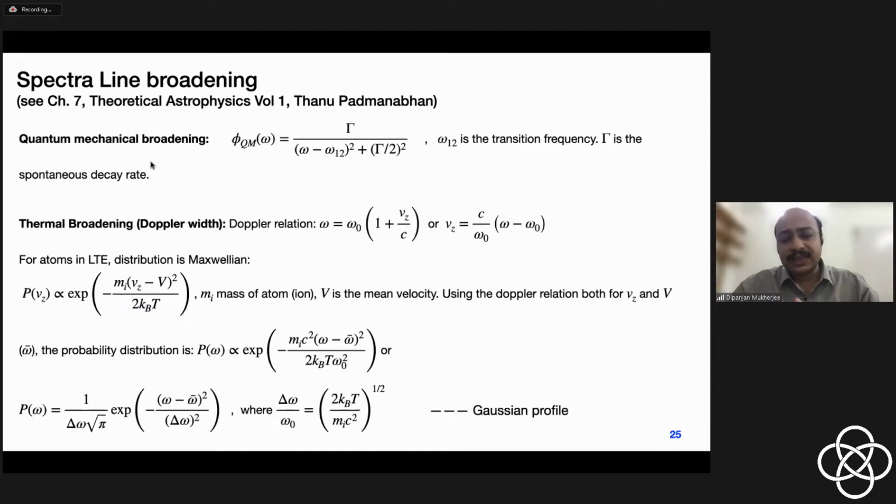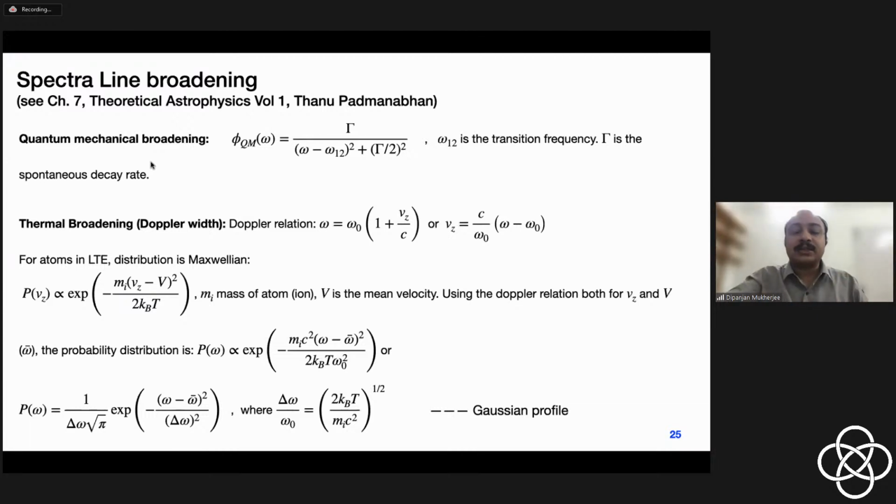In astrophysics, as I had discussed, the region that is emitting will have a finite temperature. And if it is a finite temperature, then inside the system the various atoms are moving about with respect to one another. And as they move about, the frequency at which they're emitting in the rest frame will be the same, but the frequency that is observed by the observer will be slightly different due to the Doppler effect.